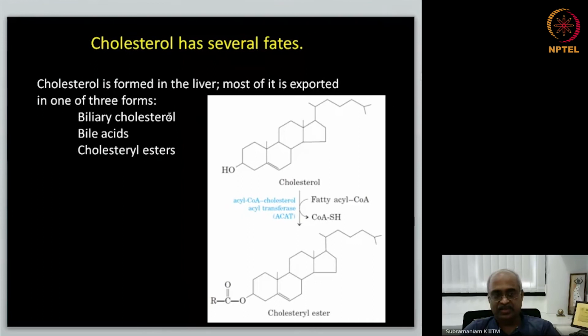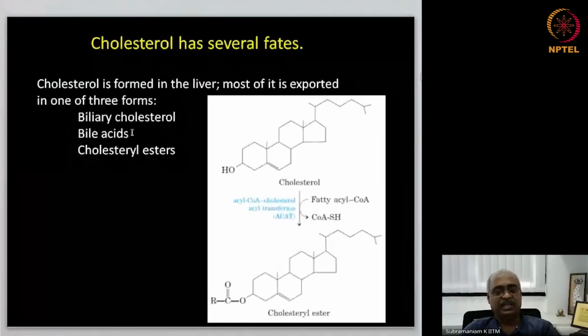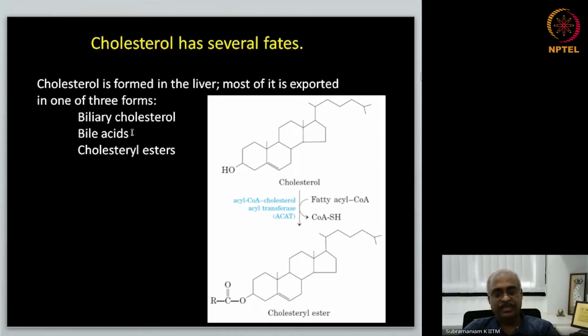One, biliary cholesterol, where it forms bile acids, and these bile acids are stored in the gallbladder, and that is what is used to emulsify the dietary triacylglycerol that I just showed you in the small intestine cartoon, which is going to appear again. So that is one role of cholesterol.